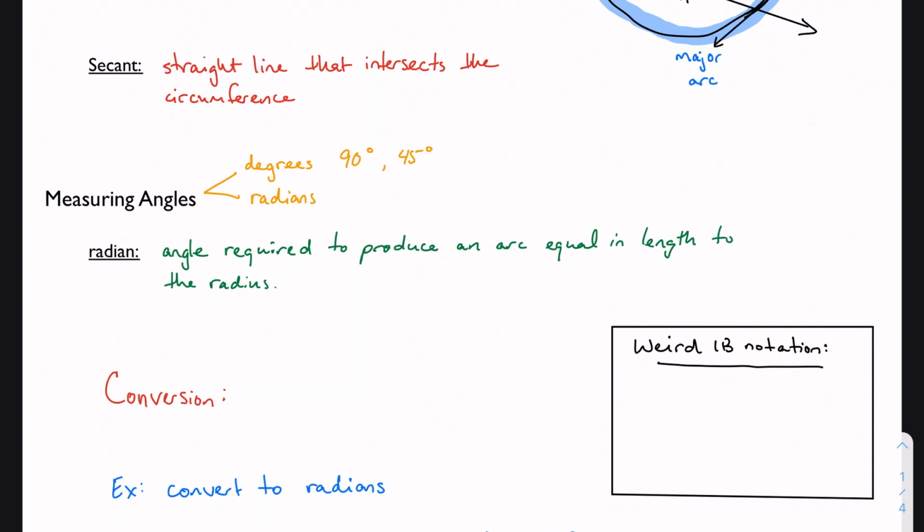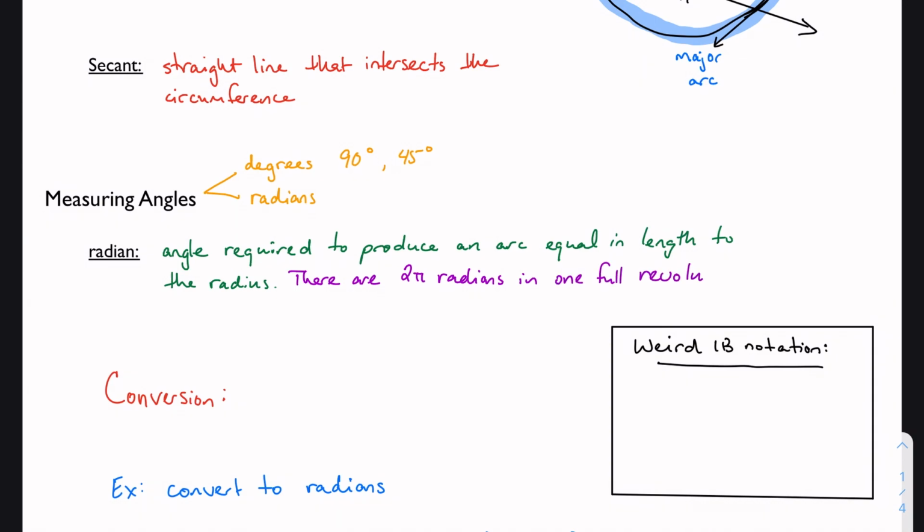The important piece is that there are 2 pi radians in 1 full revolution of the circle, right?